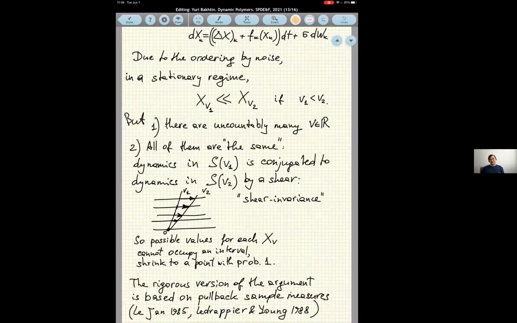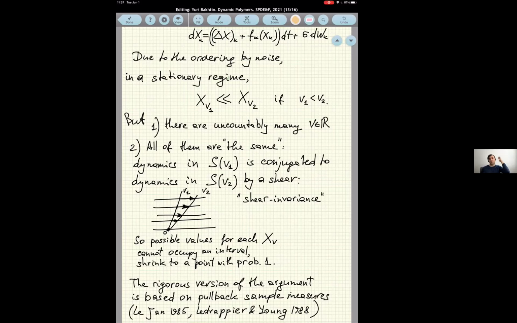And so, okay, this is going to be really informal, not very mathematical, but due to this ordering by noise, which actually is a noisy phenomenon, right? If there is no external noise, this is sort of a common theme in a large class of problems.